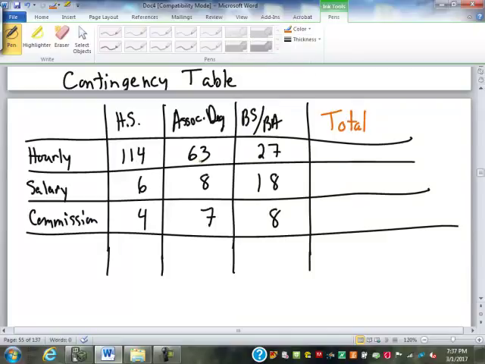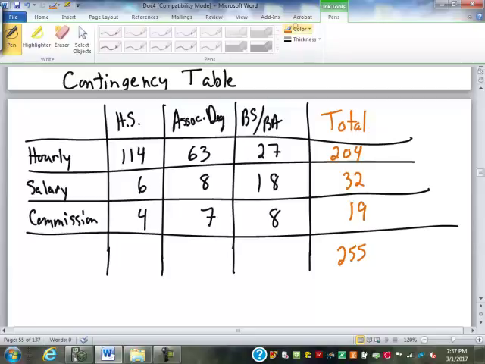So 114 plus 63 is 177, plus 27 is what, 204? 6 and 8 is 14, plus 18 is 32. 4 and 7 is 11, plus 8 is 19. So we total up each row. We can find a grand total. What's that? 236, 255 is our grand total.